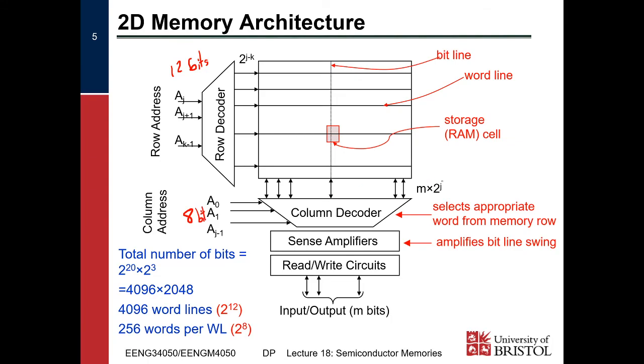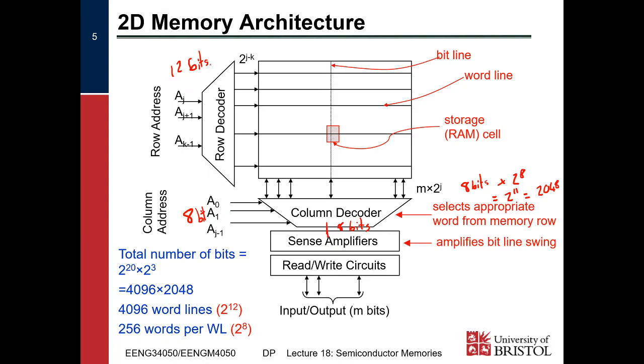And then we will have 8 bits, because we assume M is 8 bits here, multiplied by our 2 to the 8, which is 256 words per word line, which is 2 to the 11, which equals 2048 bits here. Then this will select one group of 8 bits, so we'll have 8 bits coming out here, and then through the sense amplifiers and read-write circuits.